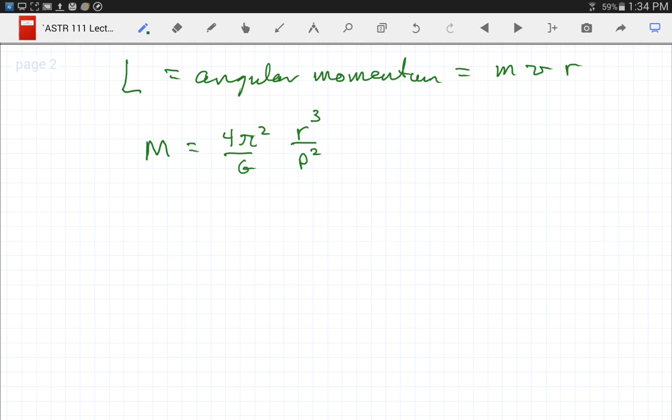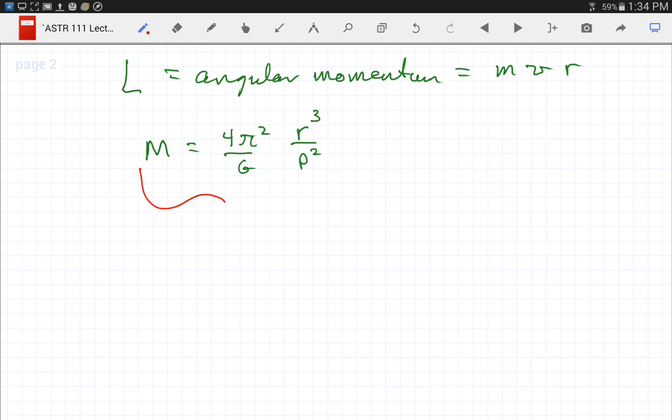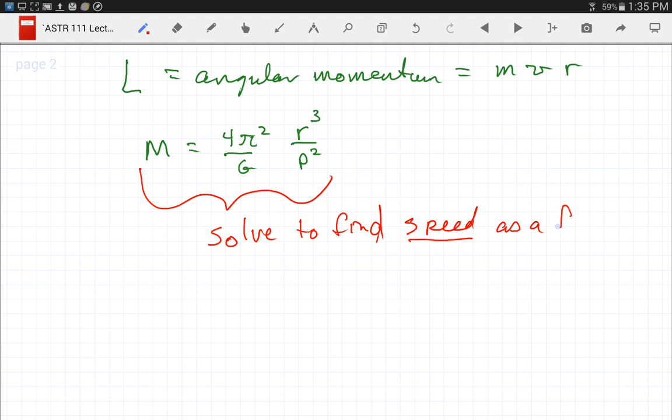And then the problem itself says, solve this to find speed as a function of radius.